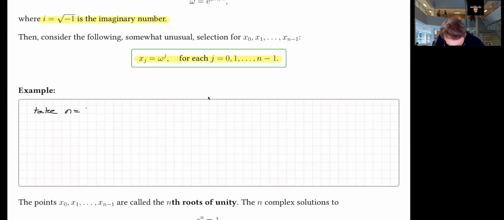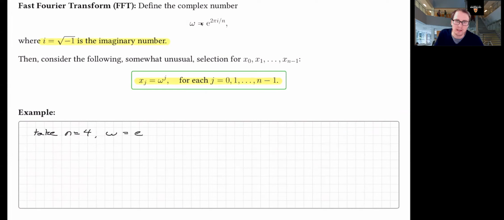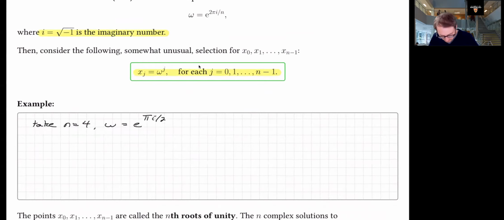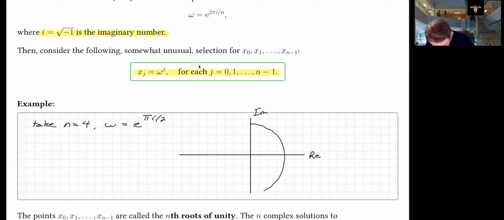Take n equal to 4. Then omega is equal to e to the power of, if we look at it, 2 pi i over 4. So it's going to be pi i over 2. And then if I plot these points in the complex plane, this is the real axis, the imaginary axis. I need to draw a circle here like that.